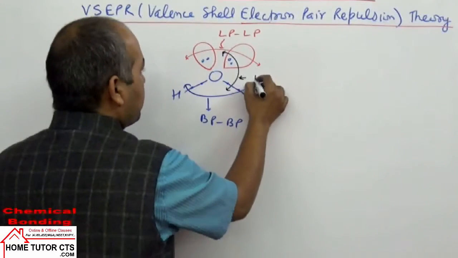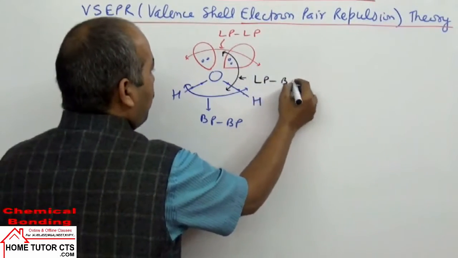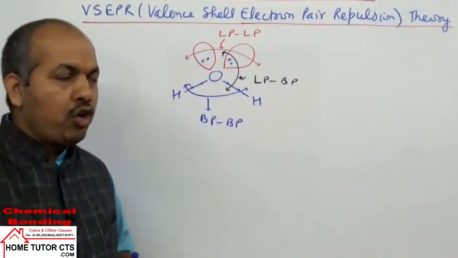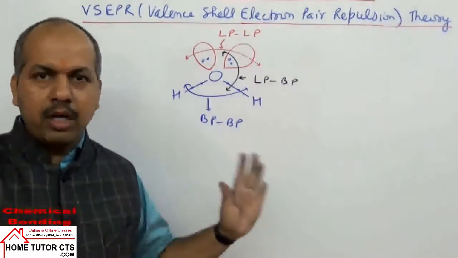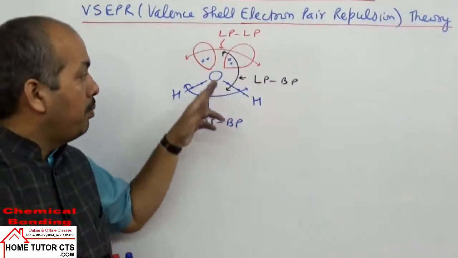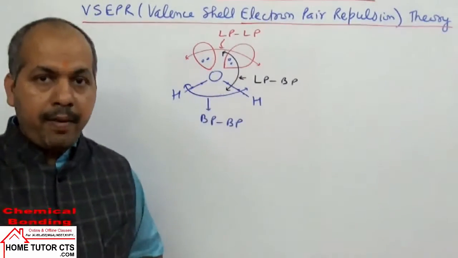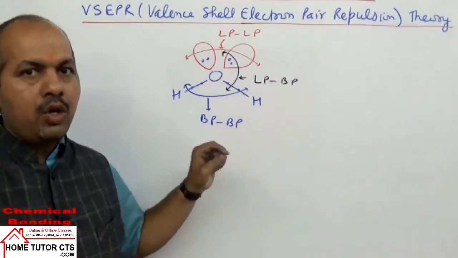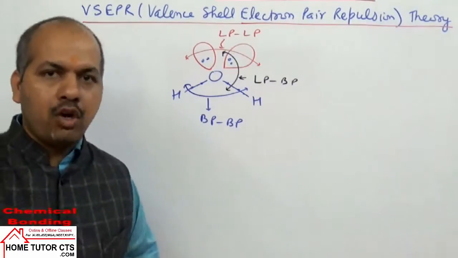Around the central atom we will surely have bond pairs. These are compulsory. Lone pairs may or may not be present. Around the central atom bond pairs will be sure; lone pairs may be there or may not be there.